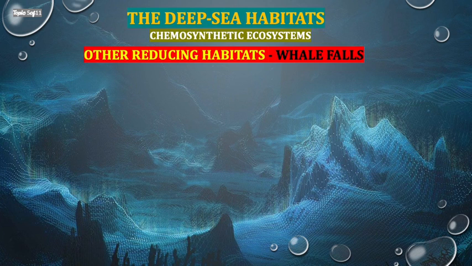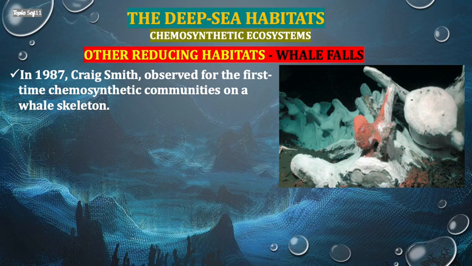All right, so the other reducing habitat under the chemosynthetic ecosystem in the deep sea environment is the whale falls. When a whale dies, it goes down to the bottom of the ocean and becomes a living community that is driven by chemosynthetic activities in that area.